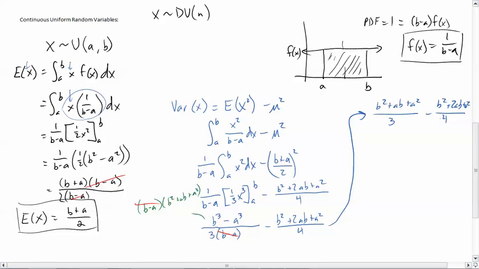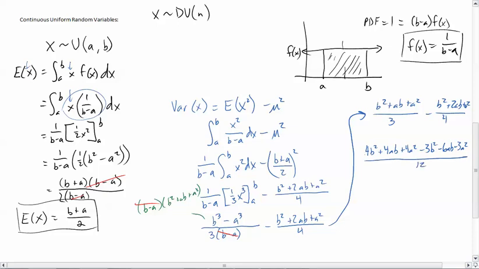When I put those together, I do need a common denominator of 12, so it will be 4b squared plus 4ab plus 4a squared minus, now this one I'll multiply by 3, so 3b squared plus 6ab plus 3a squared, all over 12.